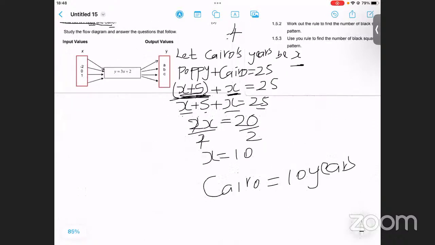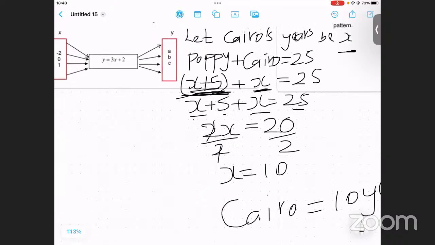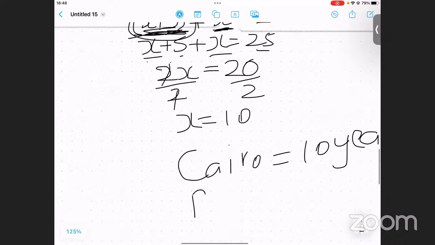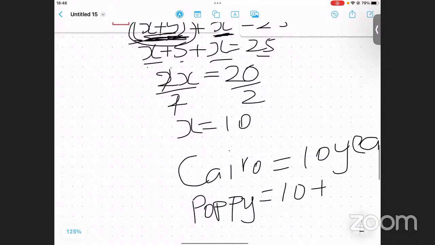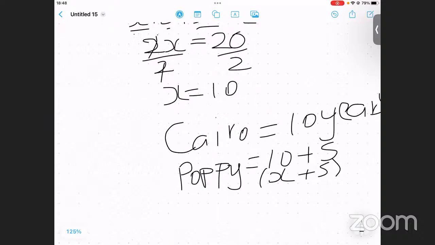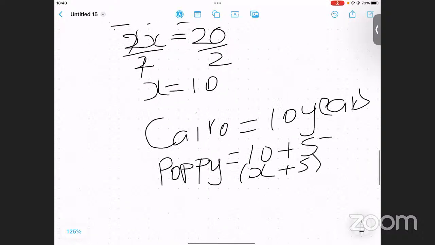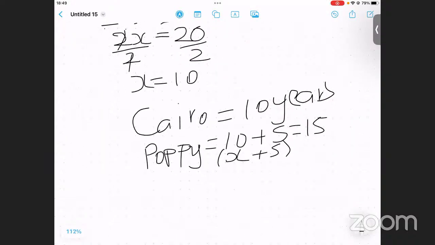Now, if we have Cairo's years, we can get Bobby's years, which is x plus 5. I was supposed to start with that. So Bobby is 10 plus 5, which is 15, not 25. So Cairo is 10 years and Bobby is 15 years.